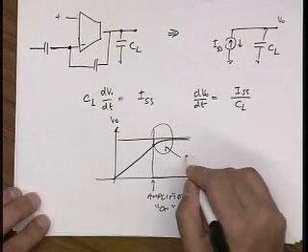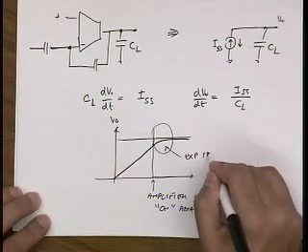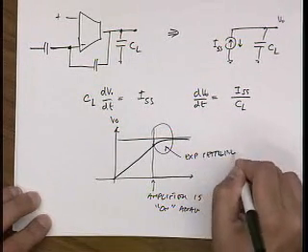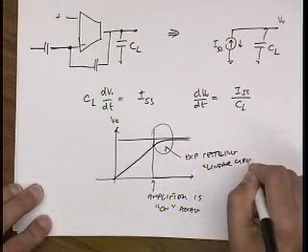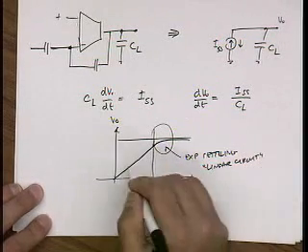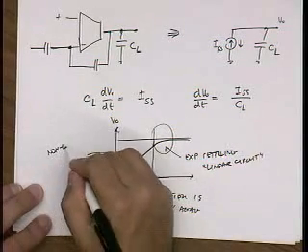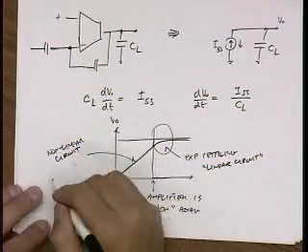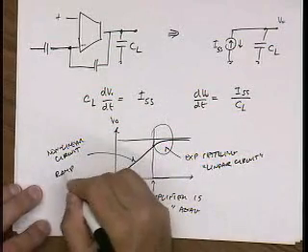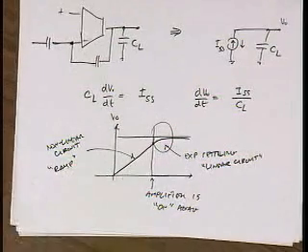So this is the normal exponential settling. This is a linear circuit. Over here, I have a nonlinear circuit, and I have basically a ramp.